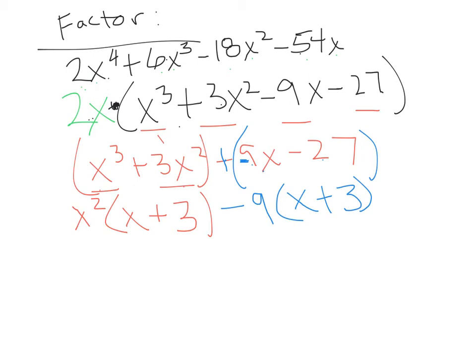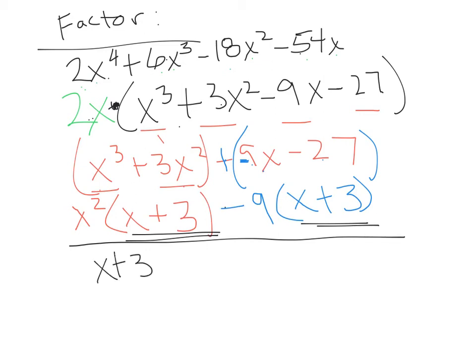So now I want to look big picture again, and when I look at the whole expression, I have an x plus 3 in each term separated by a subtraction. So I'm actually going to factor out that x plus 3. So when I pull that x plus 3 out, I have this left and I have this left.